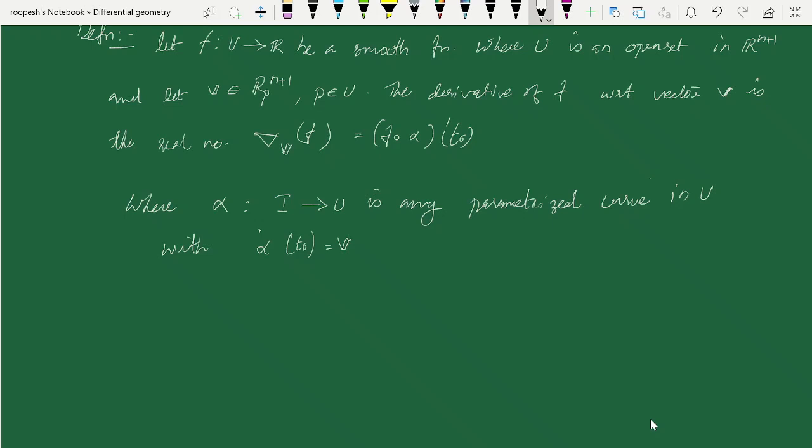So by definition, if we want to find the derivative of a function with respect to a vector v, we want to find del v of f, which means (f composed with alpha)' of t naught.